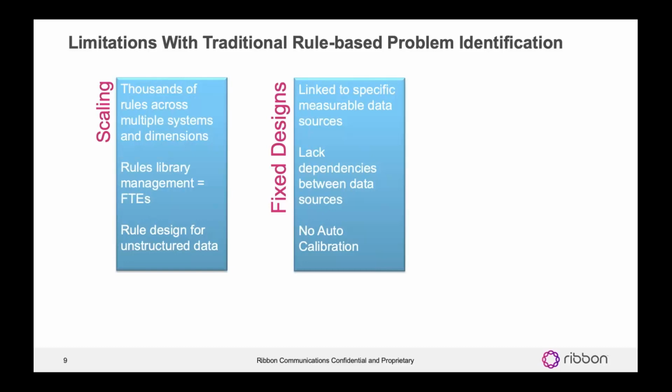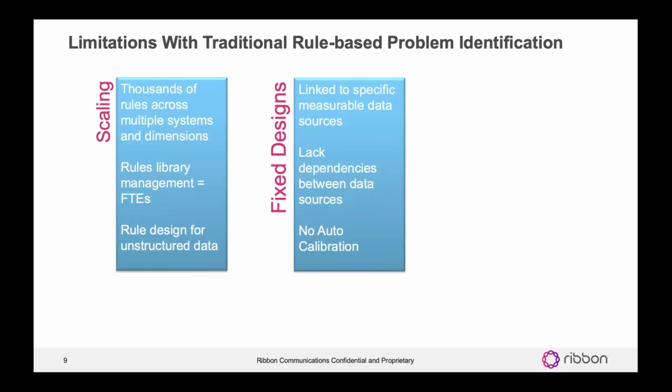So you're really linking to KPIs that are certainly measurable, being able to alert on that. So the designs are going to be very fixed, and you're not going to be able to provide necessarily a good cohesive link between various data sources. It's going to be somewhat challenging to overcome those types of inefficiencies.